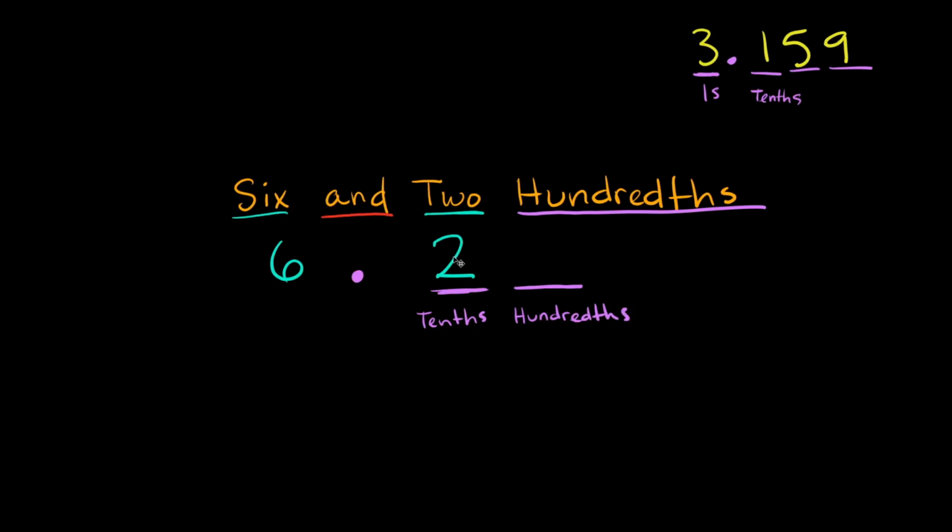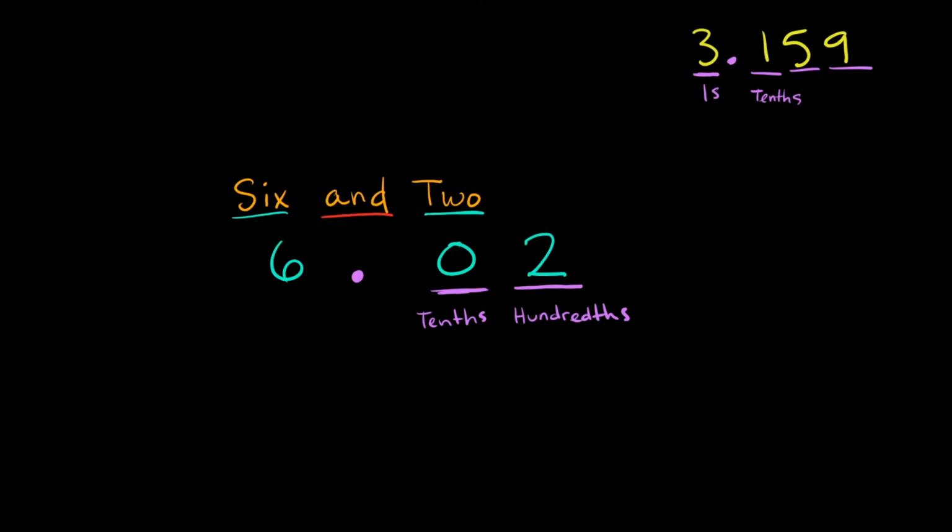So we'd have to move this 2 right here. Okay, and then since we don't have anything in the tenths place, we would just put a 0 there. So if the problem was 6 and 2/100ths, you would write that as 6.02.